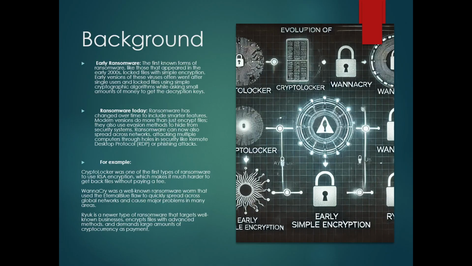It uses RSA encryption, which makes it harder to get back files without paying that fee. WannaCry, one of the most modern ransomware worms, uses the EternalBlue flaw to quickly spread across global networks. And Ryuk, a newer type of ransomware, targets well-known businesses. It encrypts files with advanced methods and demands large amounts of cryptocurrency as payment.